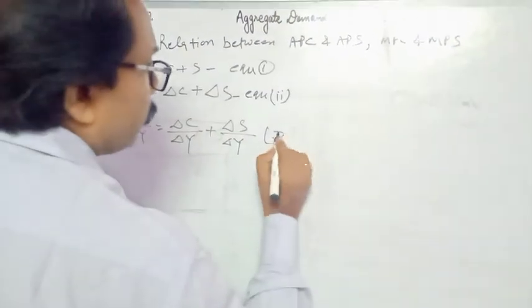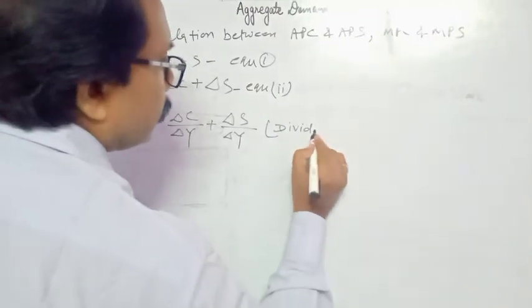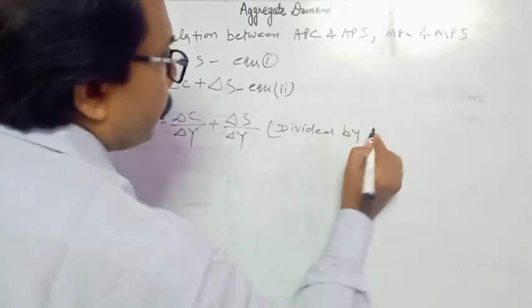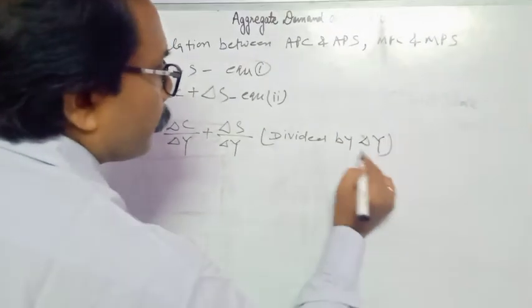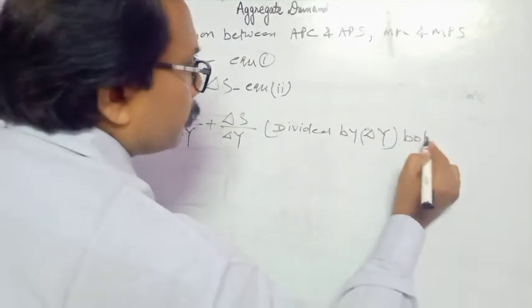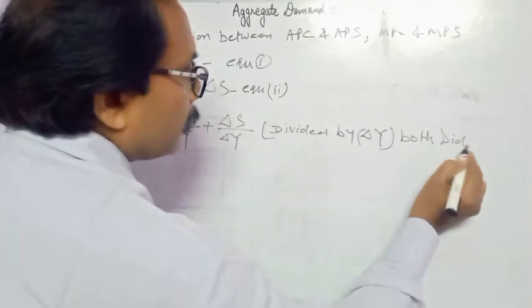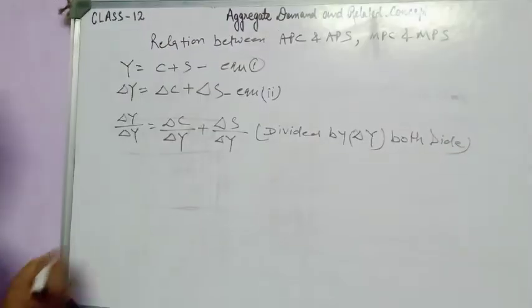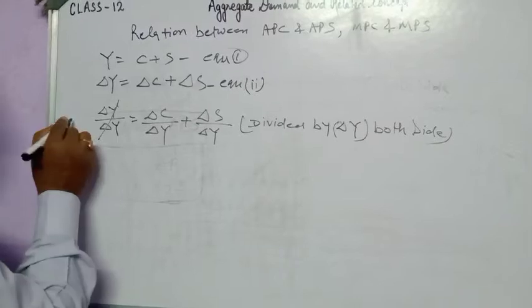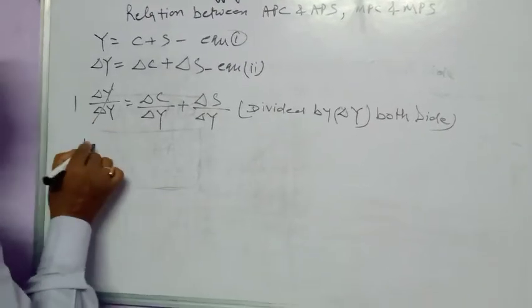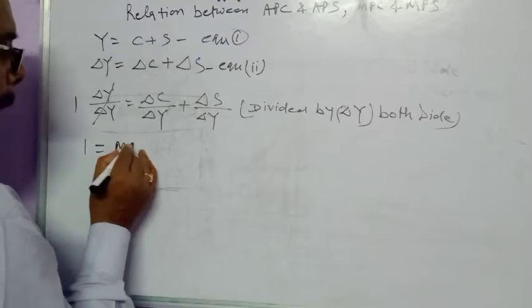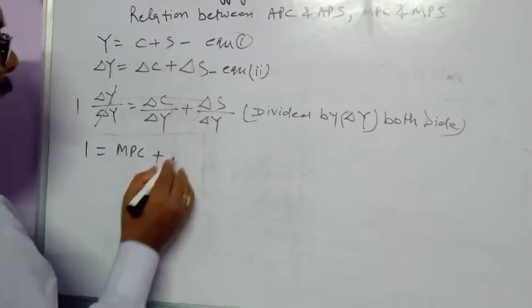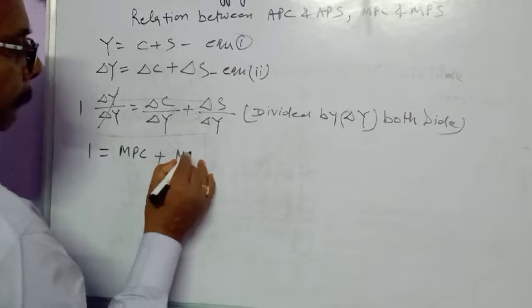So divided by delta Y on both sides. It is mathematical. So what will be the value? The value will be 1. So 1 is equal to delta C divided by delta Y, which is MPC, plus delta S divided by delta Y, which is MPS.